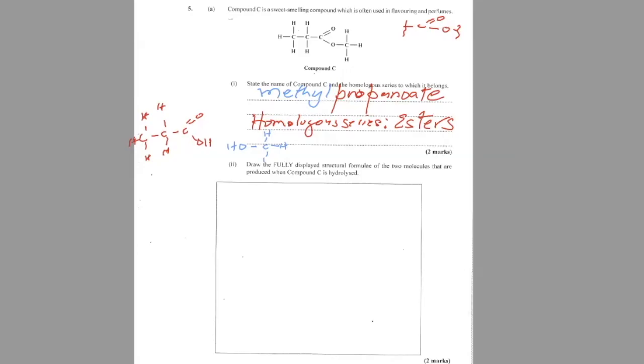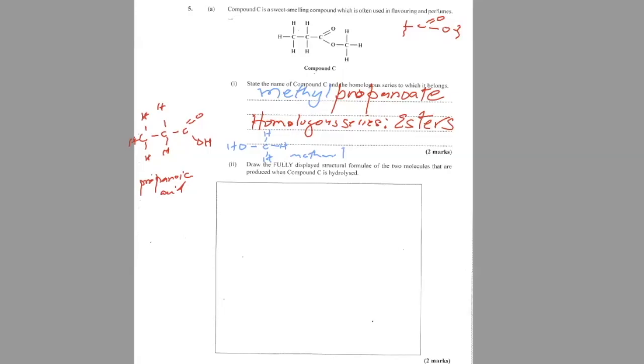So this is our propanoic acid and our methanol. So these are the formulae of the two compounds. So we can just do that right away, and that's the answer.